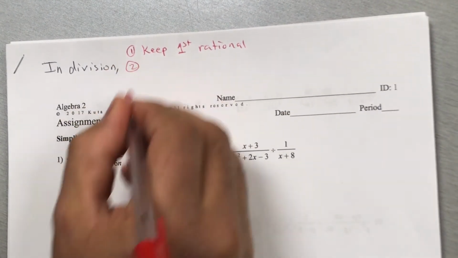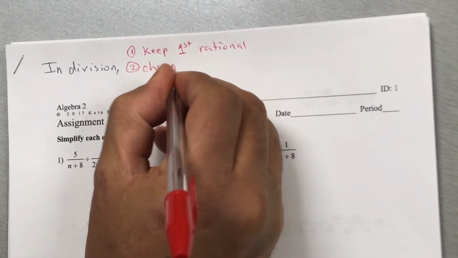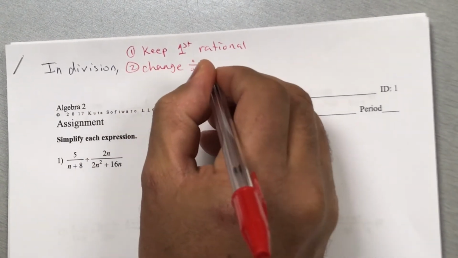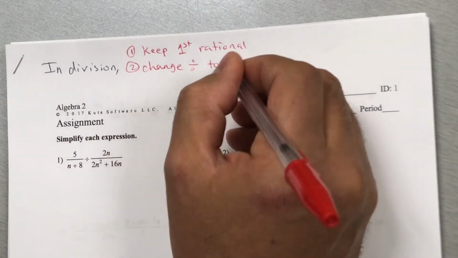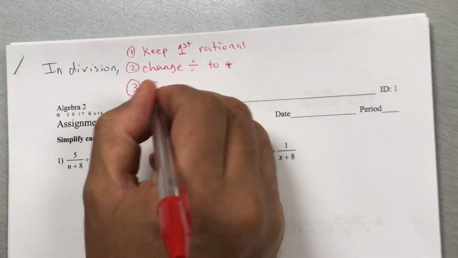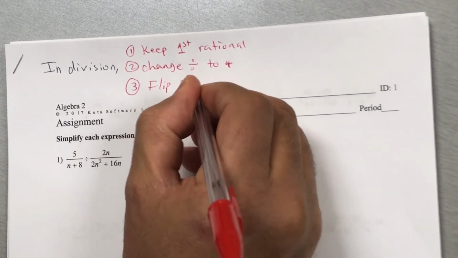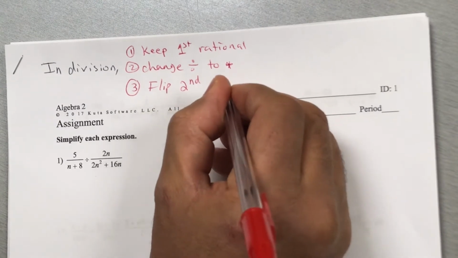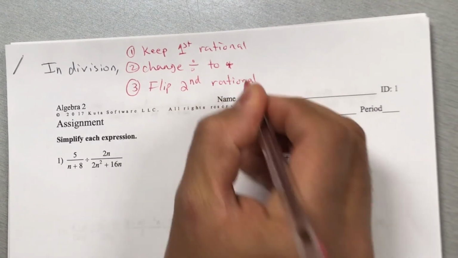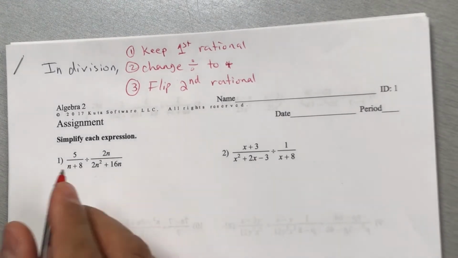Number 2, change the division into multiplication. And number 3, flip the second rational expression.